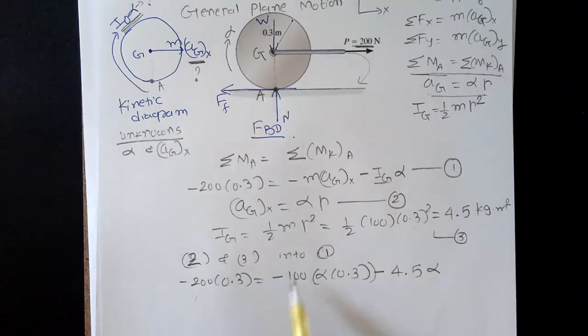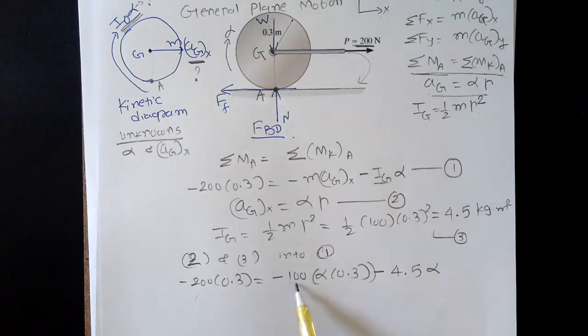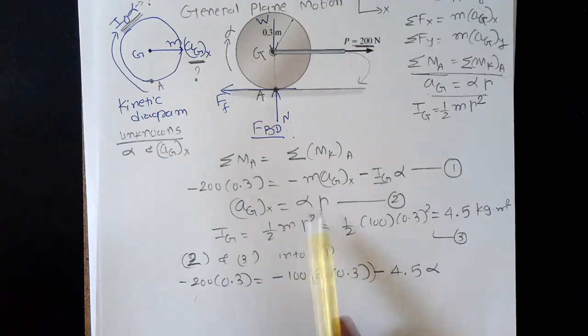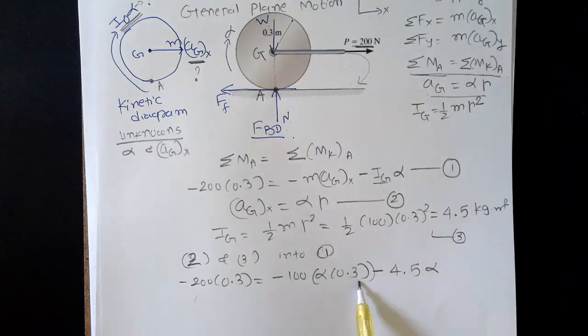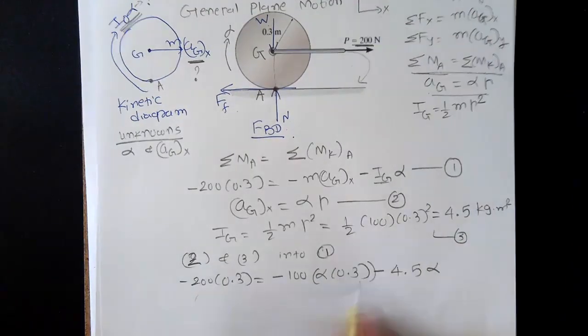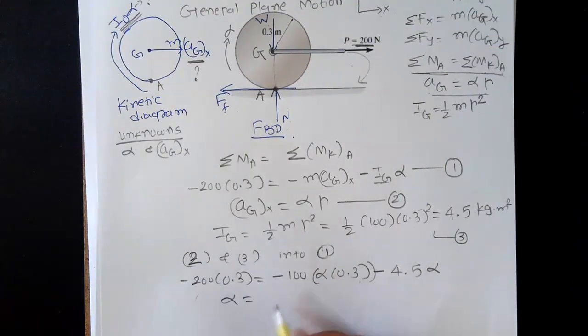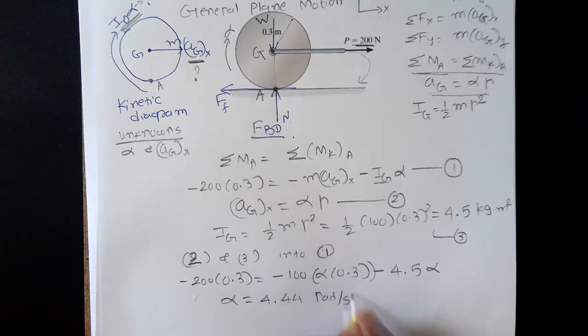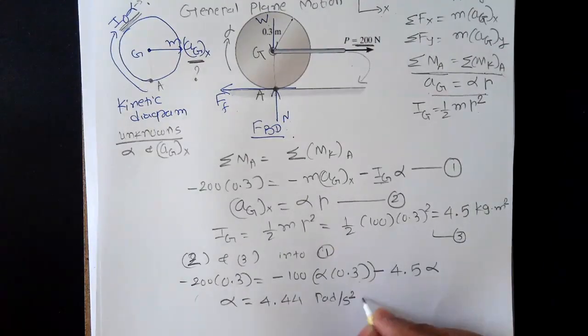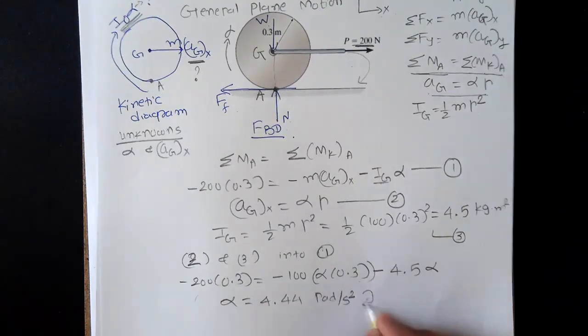Is that correct? Let me just double check. This is m, AgX is r alpha, yeah, that's fine. And now when we solve this equation, we get alpha is equal to 4.44 radians per second squared, and it's clockwise.